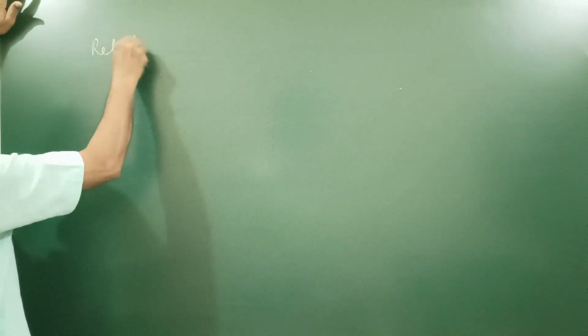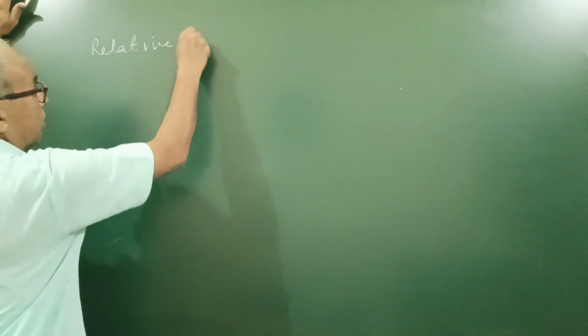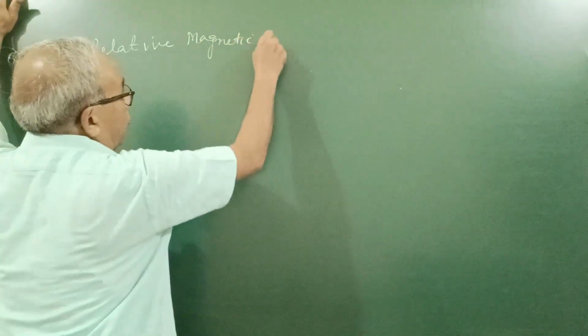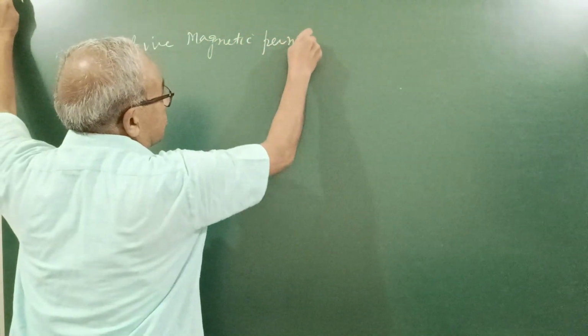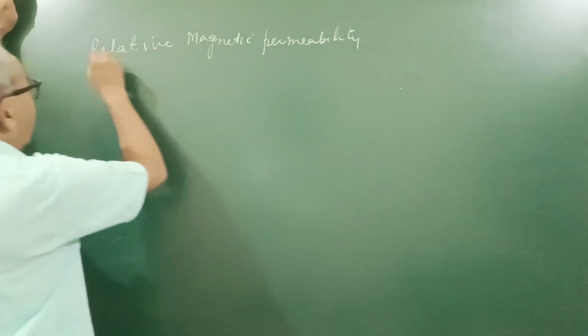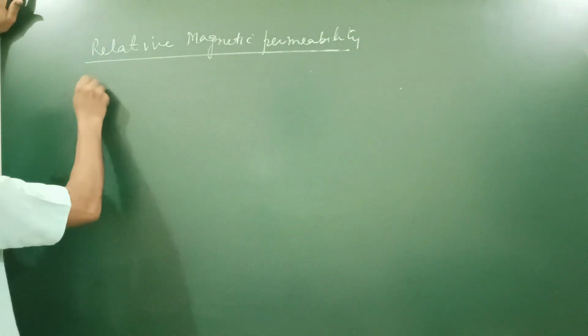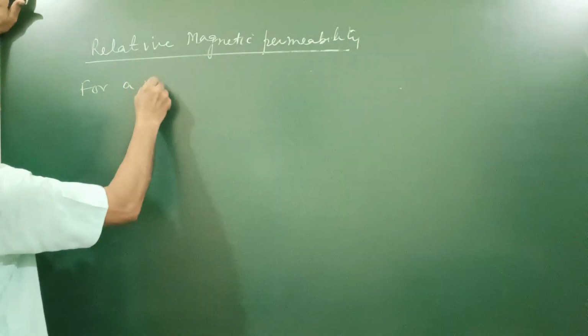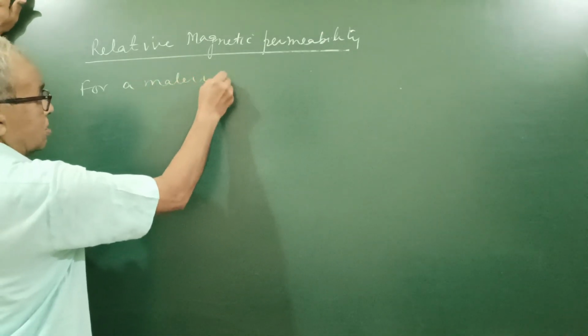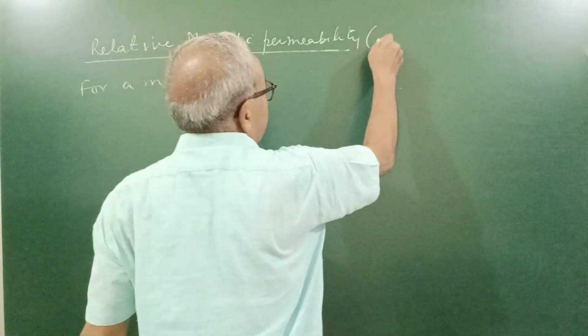Now, relative magnetic permeability. For a material, we write it as mu r.